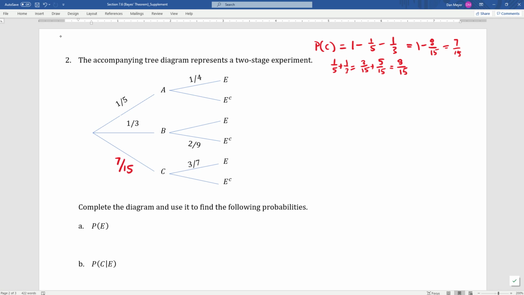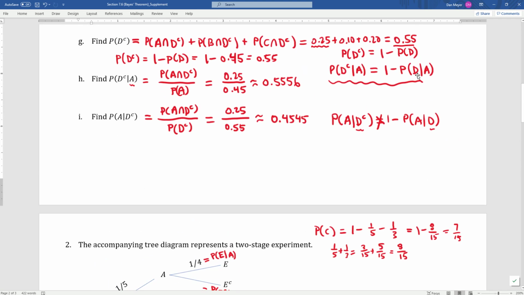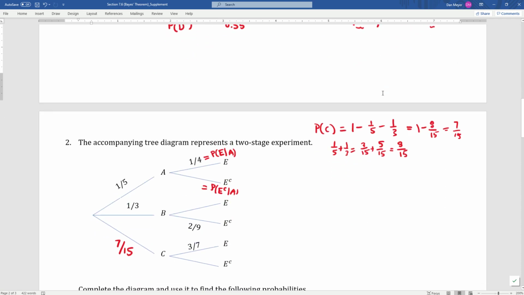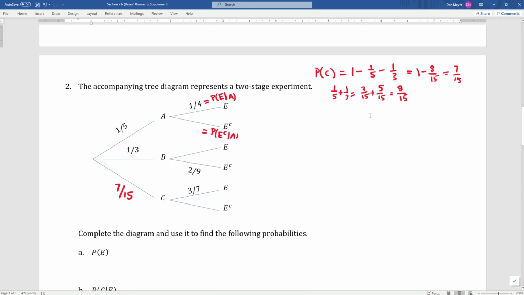All right, on to the second stage things. Now remember, this 1/4 is the probability of E given A. And we just talked about the second number here, the probability of E complement given A. These things have to add up to 1. We just kind of talked about that fact right up here. So this number right here has to be 3/4.